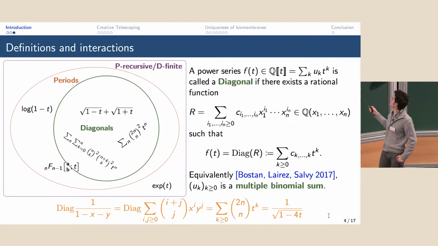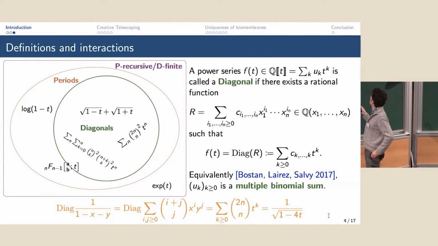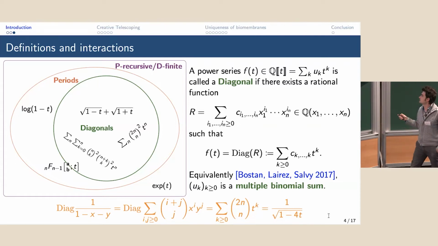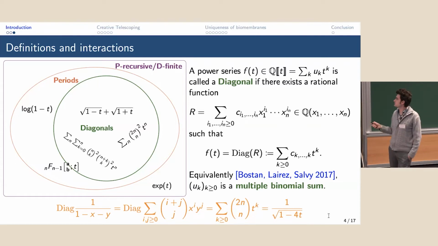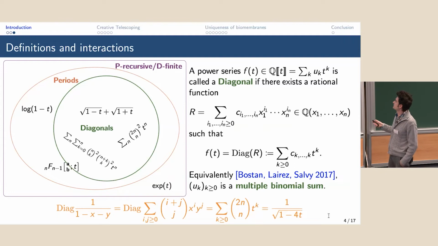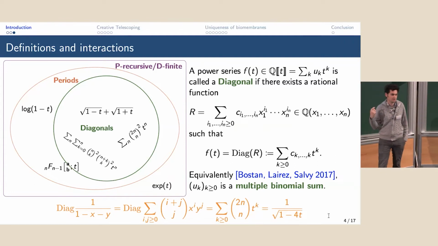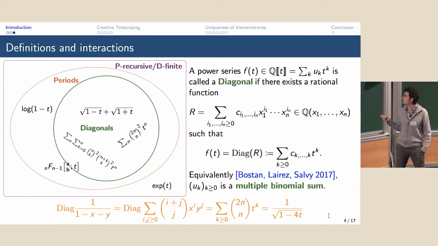So if we expand it like this and you get some coefficients c_{i1...in}, then the function t is the one that collects the coefficients c_{kk...k} as its power series. And those sequences, which come from diagonals, also have very nice properties.